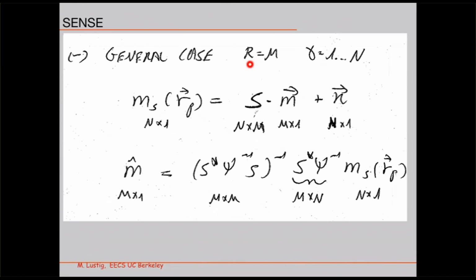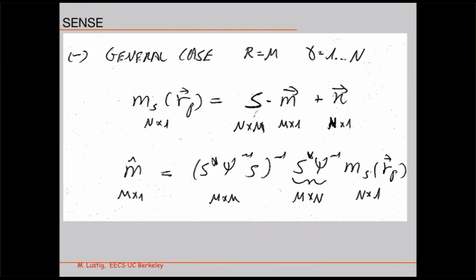In the general case, we'll have something like this. Let's say we accelerate, we undersample uniformly by a factor of m. If we undersample uniformly by a factor of m, I will get m pixels overlapping on top of each other in one place. Before, 2 pixels were overlapping.